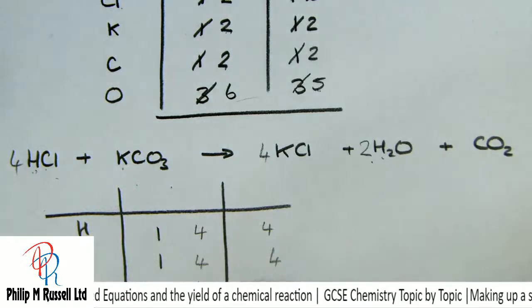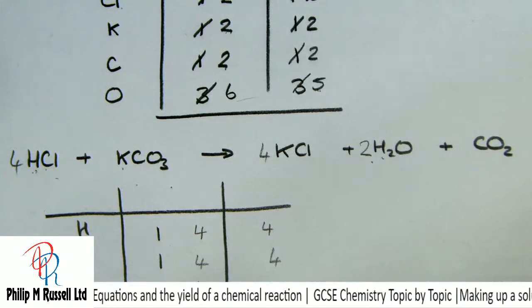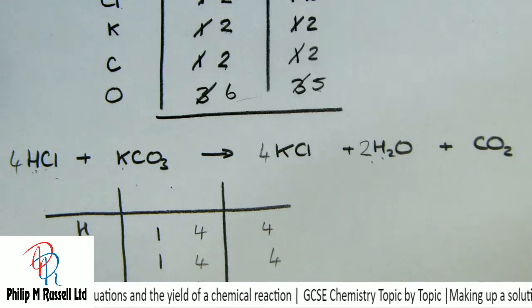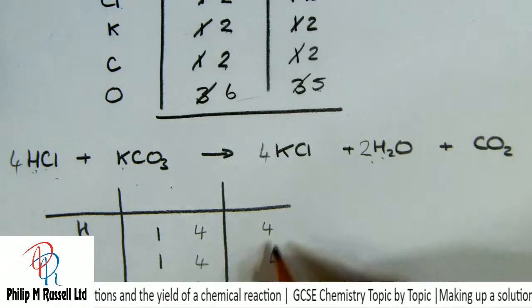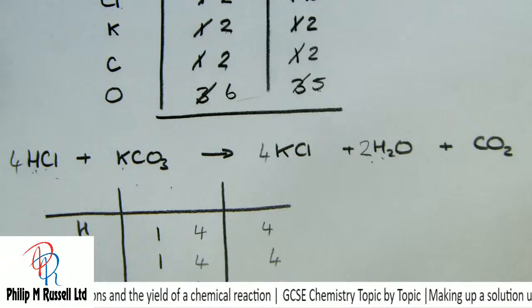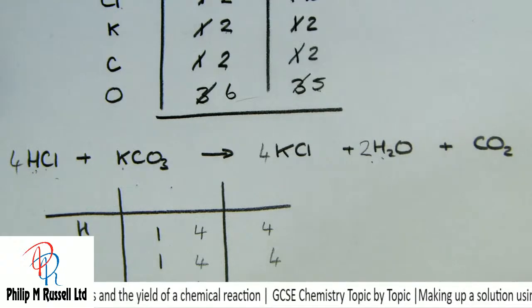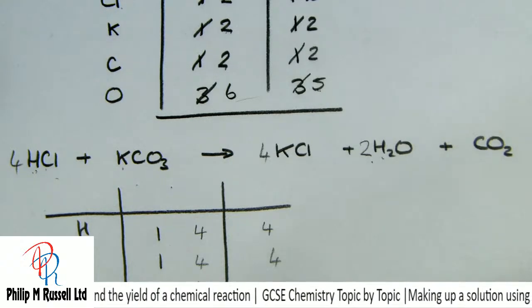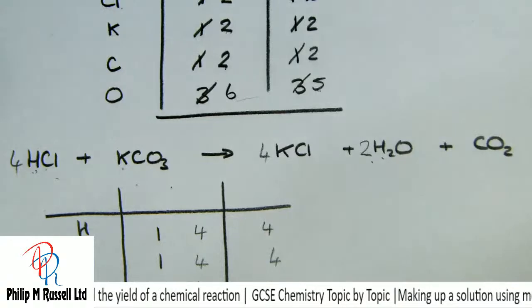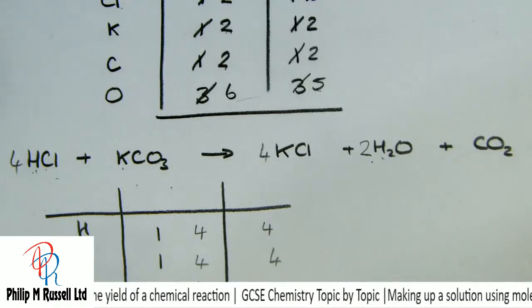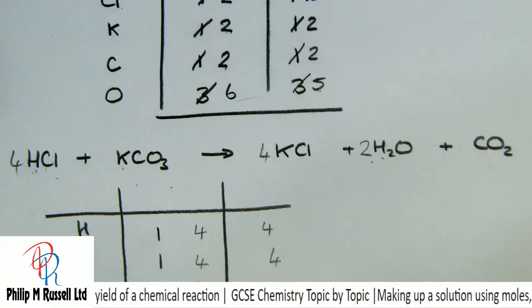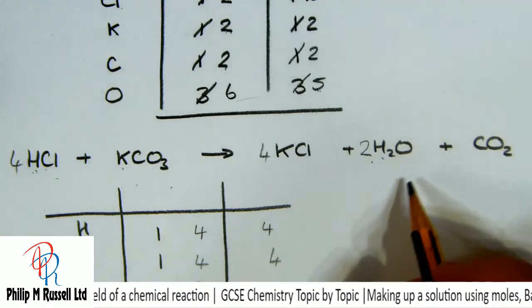which gives me 4 potassiums here, which is going to then give me 4 carbons, and on this side 12. Can I get 12 to work properly on this side?